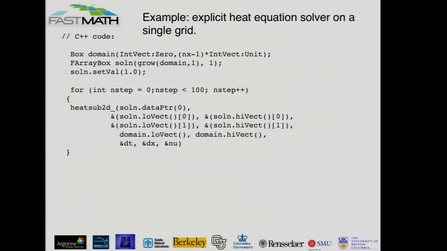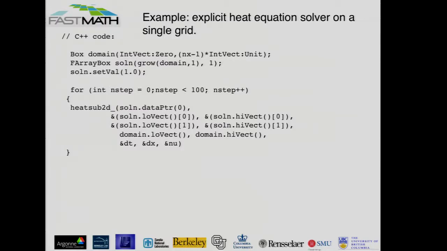If you wanted to do this in C++, this is what the code would look like. You have a box that is defined. You have an FArrayBox which contains the solution data, and then you would do the iteration. But because we want to use Fortran, we need to have an interface that moves from C++ to Fortran.